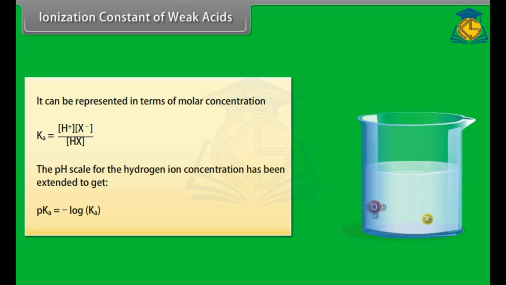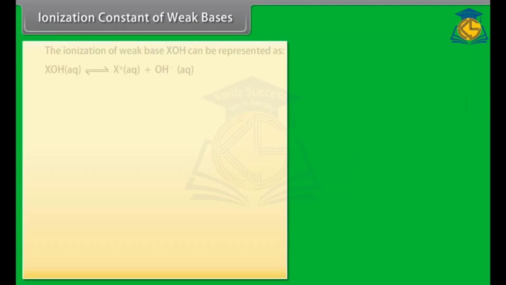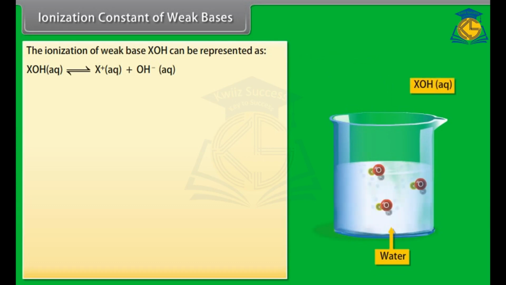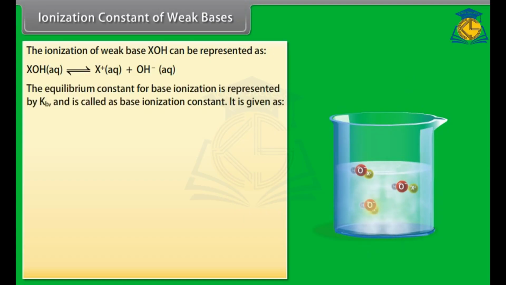The pH scale for the hydrogen ion concentration has been extended to get the ionization constant of weak bases. The ionization of weak base XOH can be represented as: the equilibrium constant for base ionization is represented by Kb and is called the base ionization constant.